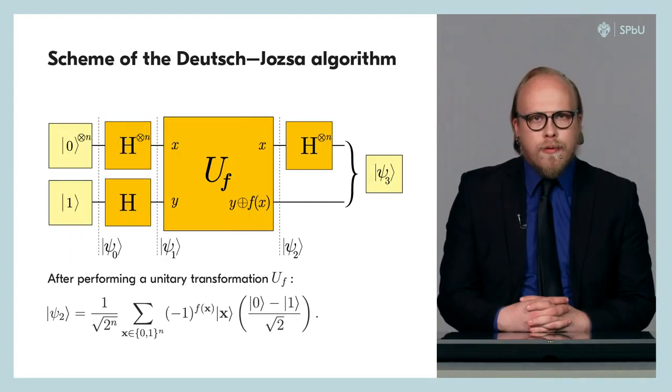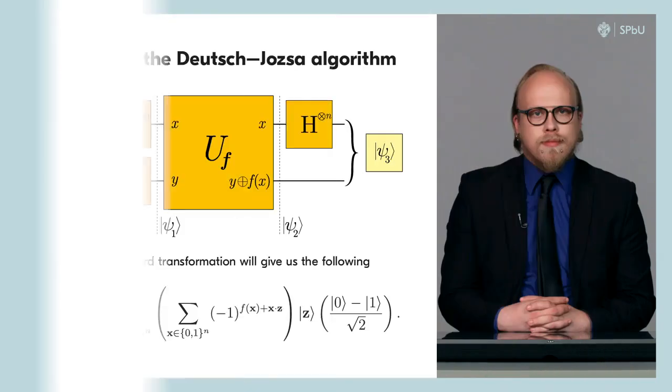Thus, after performing the unitary transformation U sub f, we obtain the state psi2 in which each term in the normalized sum of the states of all possible data register values received a phase shift depending on the function f for the corresponding value of the argument x.